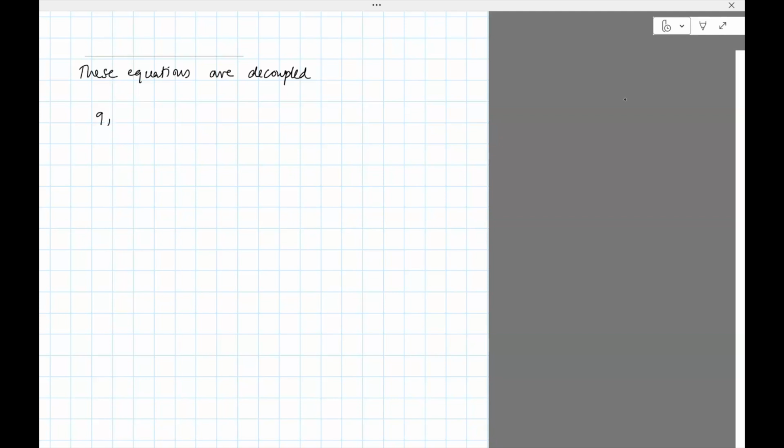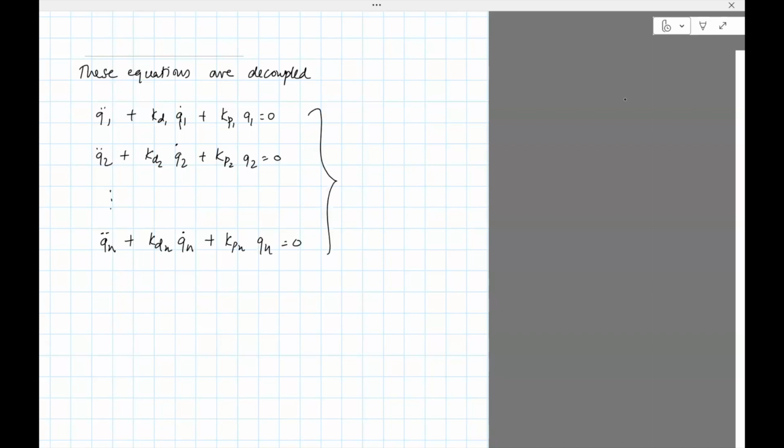So first equation is something like this: q1 double dot plus kd1 q1 dot plus kp1 q1 equals 0, q2 double dot plus kd2 q2 dot plus kp2 q2 equals 0, and you can keep doing that till you end up with qn double dot plus kdn qn dot plus kpn qn equals 0. So these are n decoupled equations.